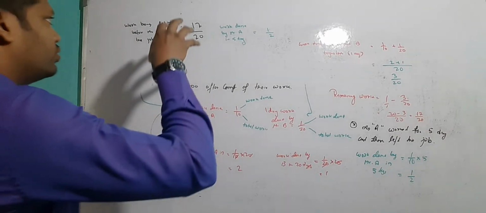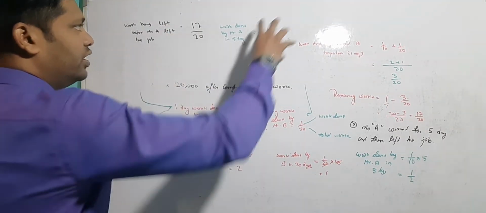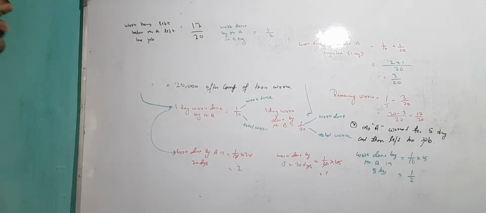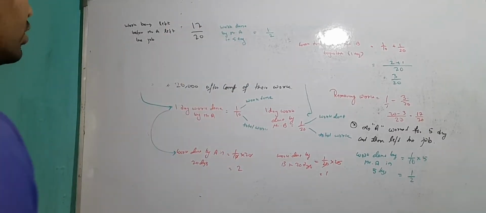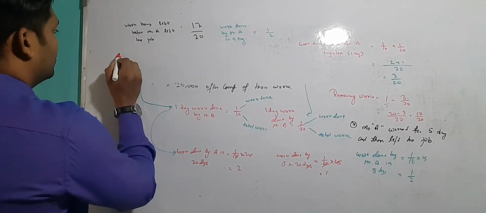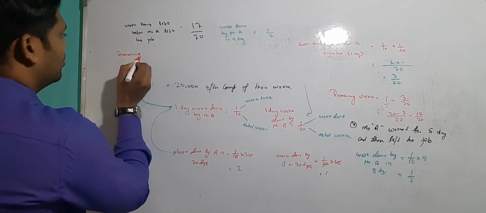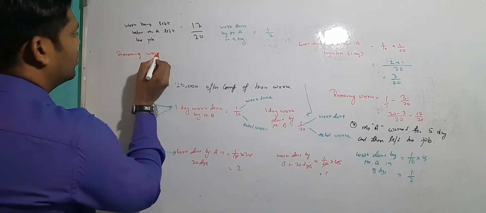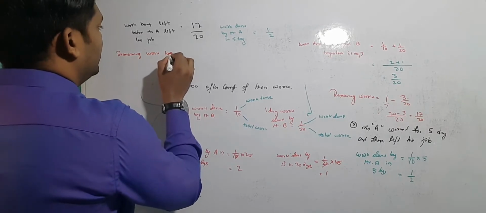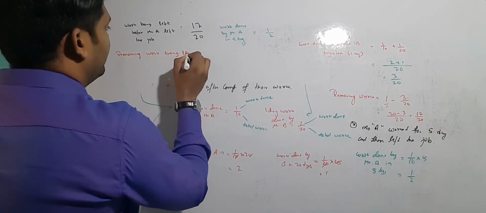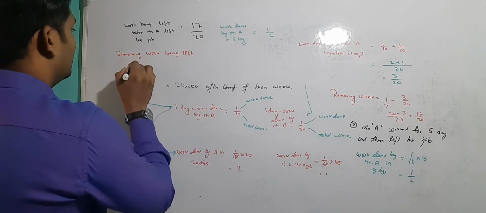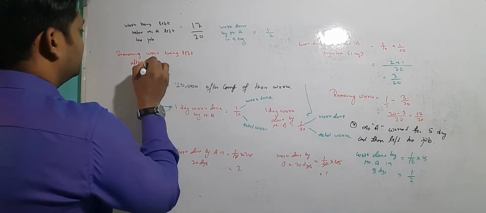Okay, so this much was left, and he did this work. So now how much is left when Mr. B left? We have to find out. Remaining work being left.